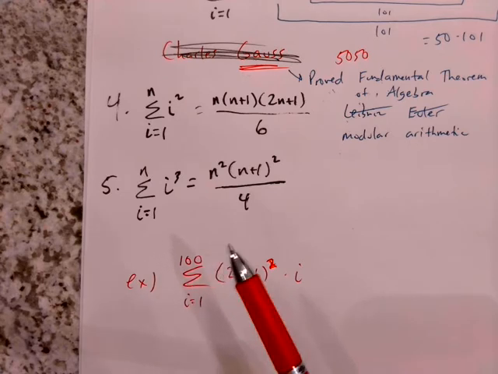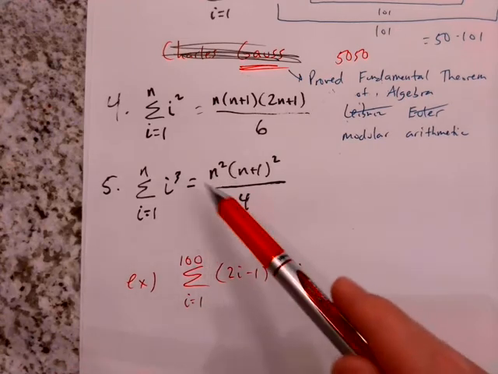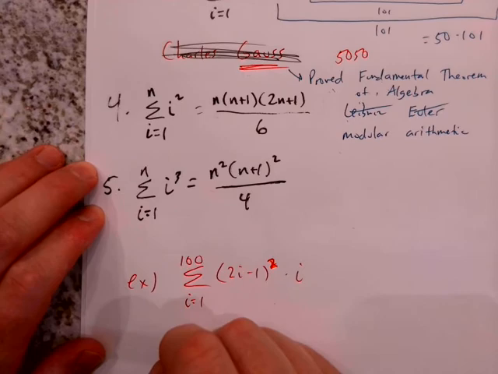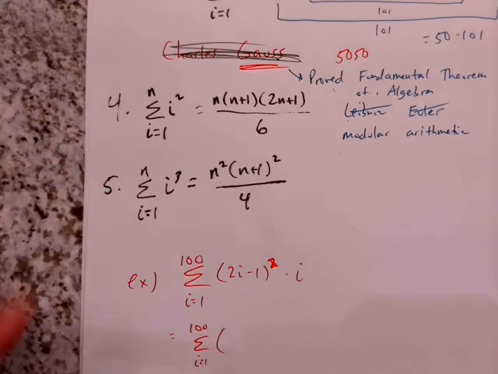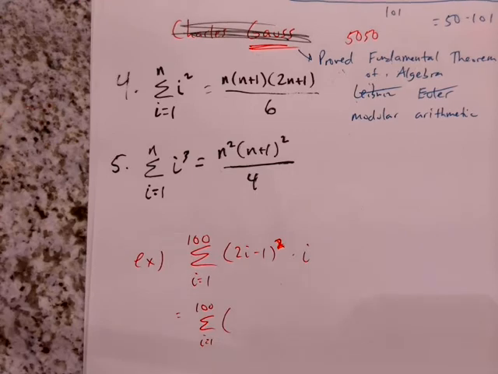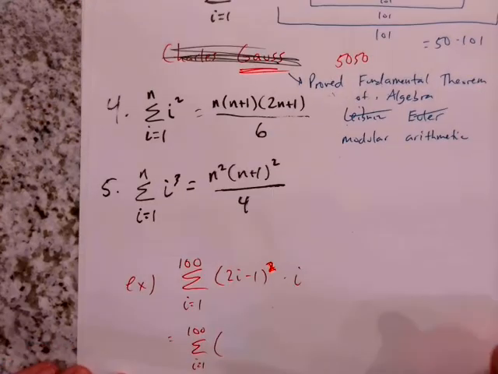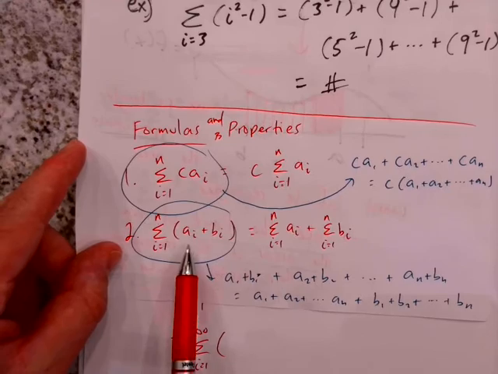So what you don't want to do is plug in 1 to this, then plug in 2, then plug in 3. It would take forever. So instead we want to use these formulas, which make things easier for us. But in order to use the formulas, we have to multiply out our expression. We have to have a sum or difference of powers of i's, because we can find the sums of powers of i's, and we know also how to find the sums of terms.